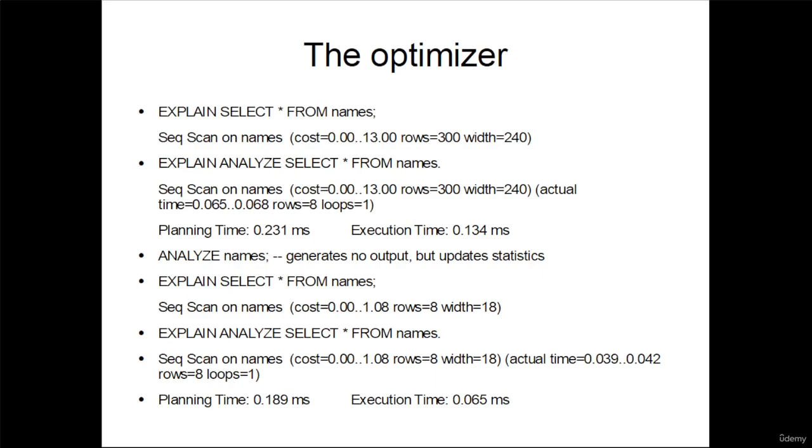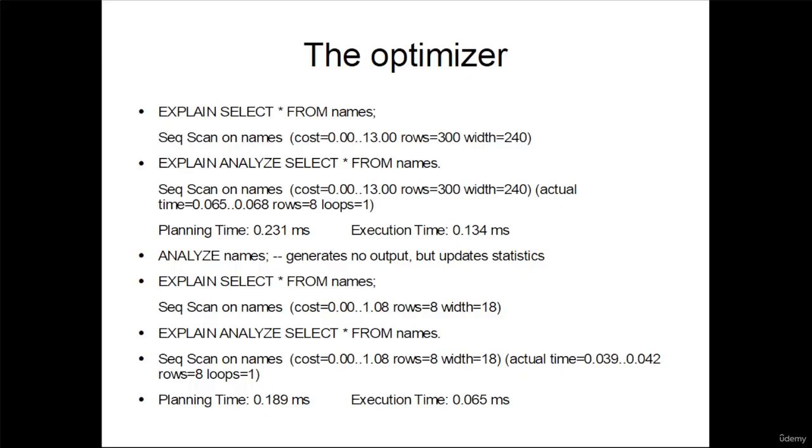Update statistics. Analyze names, generates no output. This updates statistics about the names table, such as row counts and value distributions. After updating statistics, check the plan again. Second run. Explain select asterisk from names. Output.